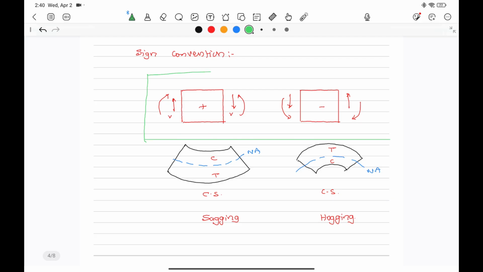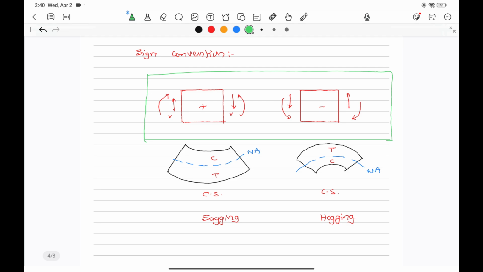You cannot neglect it. Again I will tell you, a bending moment which causes compression in the fibers at the top and tension in the fibers at the bottom, causing sagging, is taken as positive.